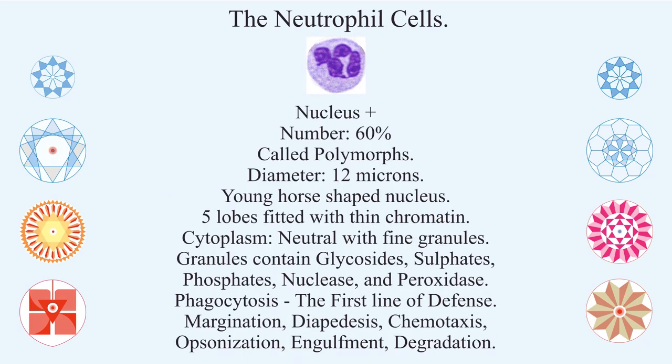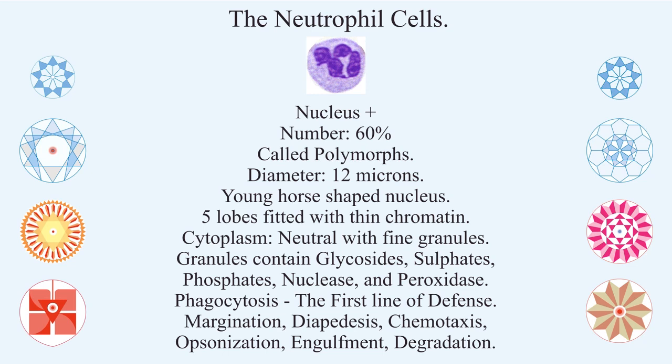Neutrophil cells are the first one which I have put right on top, and I would definitely say nucleus is present, number is 60%, also called polymorphs, diameter is 12 micron size, young heart-shaped nucleus, 5 lobes fitted with thin chromatin.